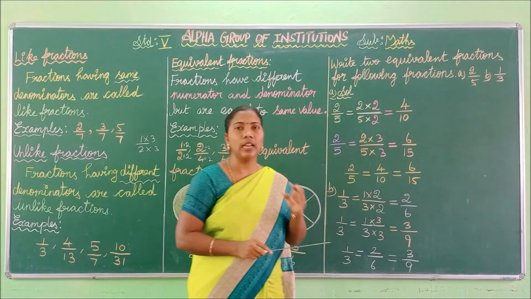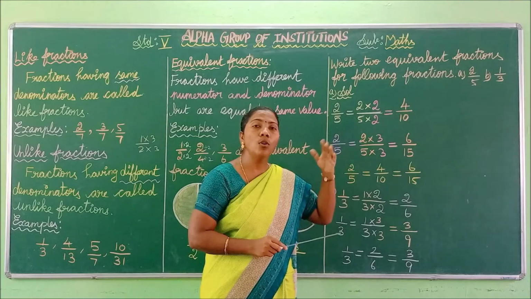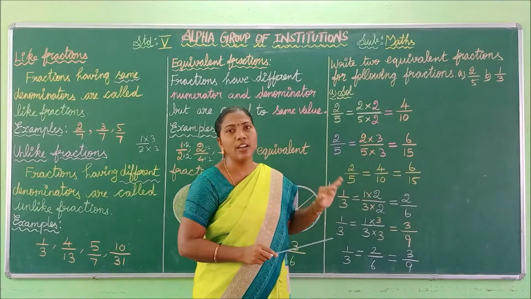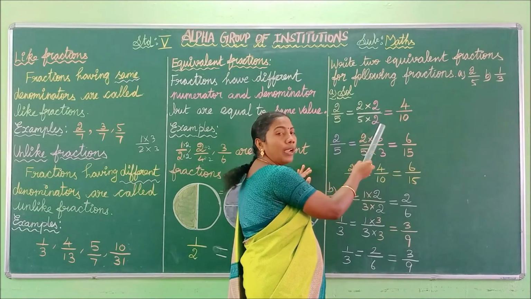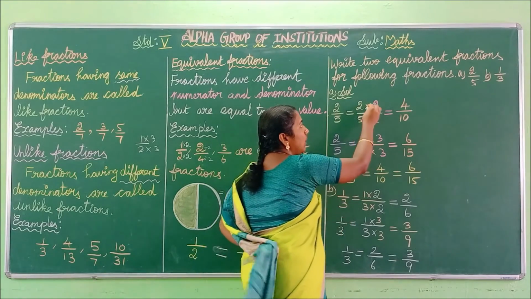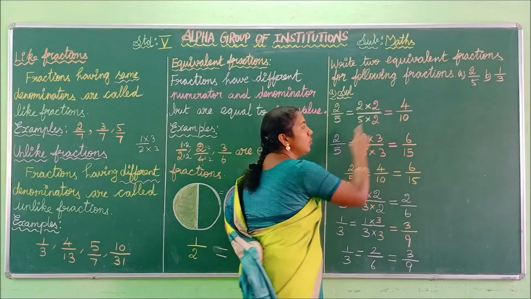I have chosen the number 2. You have to multiply the number 2 to both the numerator as well as the denominator. Thus I am multiplying the numerator and denominator by 2. For that, here you have to put the multiplication symbol. So 2 into 2, 5 into 2. It's clear, children.